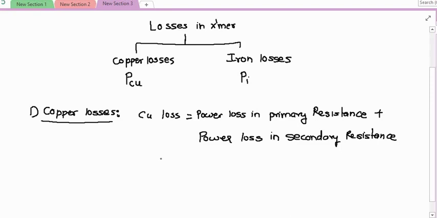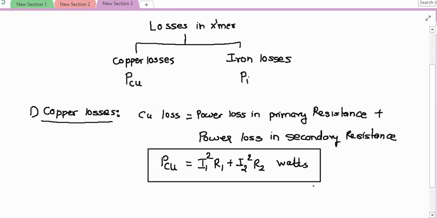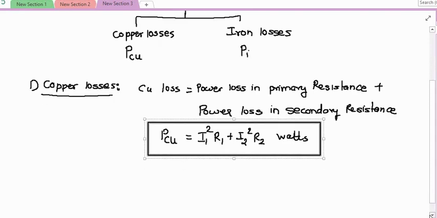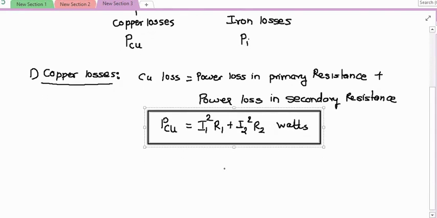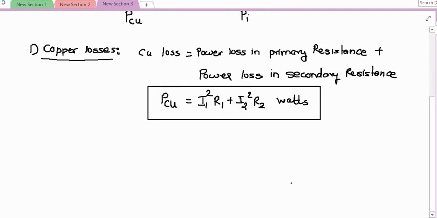Mathematically, copper loss PCu equals I1 square R1 plus I2 square R2 watts, where I1 square R1 is the power loss taking place in the primary resistance R1, and I2 square R2 is the copper loss taking place in the secondary resistance R2.